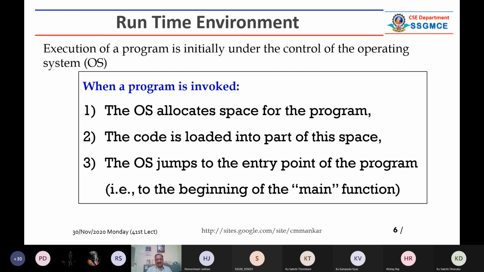It is under the control of the operating system, because in the operating system there are many processes running in the system. There might be a Prince process, there might be some Chrome instance running in the background, there might be an MS Word instance. So many instances are there. The OS has to give a chance to everyone.